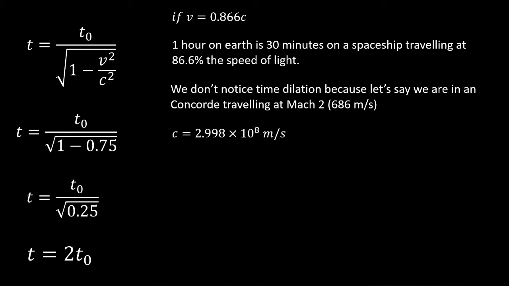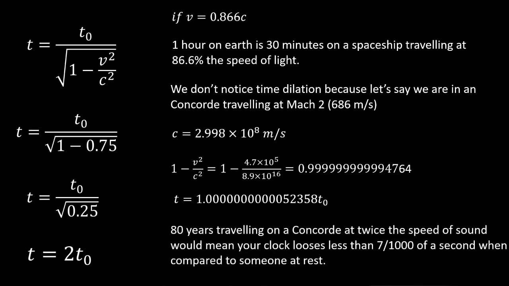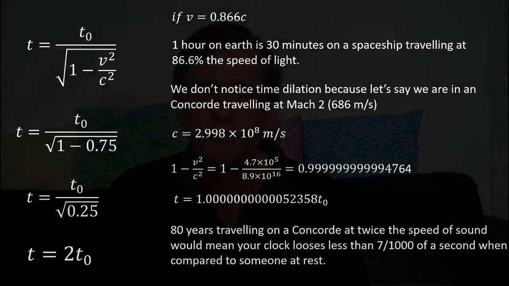So plugging in these numbers in our equation, we get t equals 1.000000000052358 t naught, which means that in 80 years travelling on a Concorde at twice the speed of sound, you would only experience 7/1000ths of a second less than you did if you remained stationary on Earth during the same time period. And this is why we never experience time dilation through our lives.